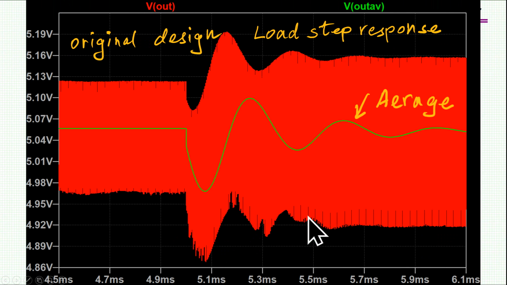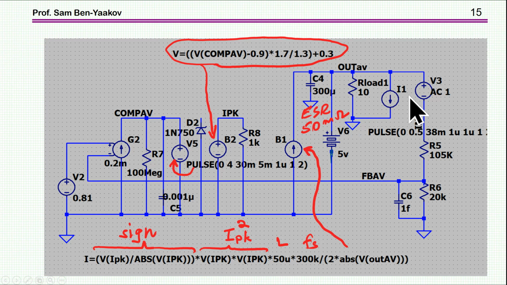So now I can actually test my average model against the cycle by cycle or time domain model provided by LT-Spice. And what I see here is a response to a load step. What I did here, I've added a pulsing current source, in this case 0.5 amp.